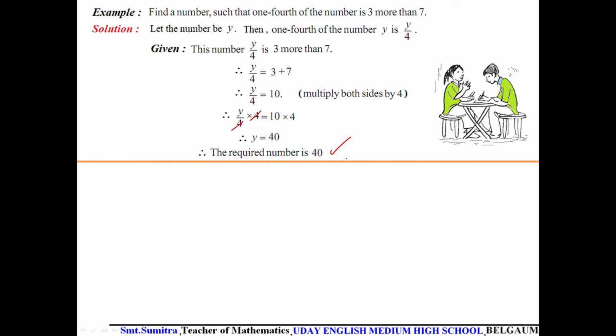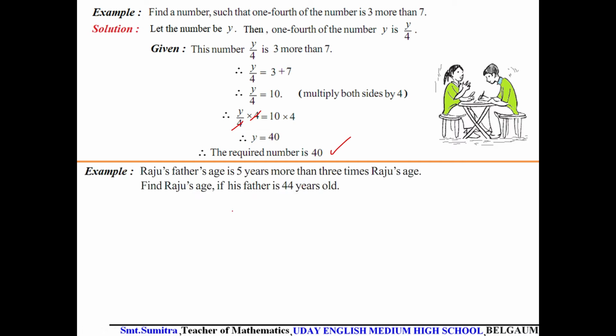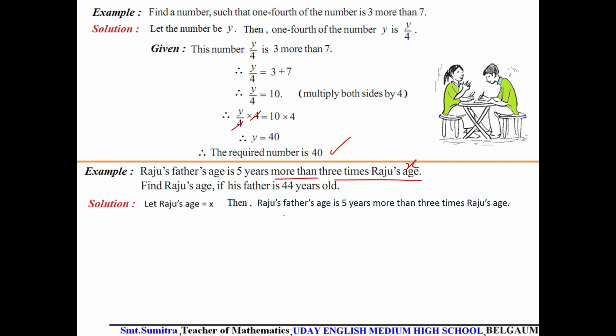Let us see another example. Raju's father's age is 5 years more than 3 times Raju's age. Here you call Raju's age as x. Find Raju's age if father's age is 44 years. You see, let Raju's age be x, then Raju's father's age is 5 years more than 3 times Raju's age.